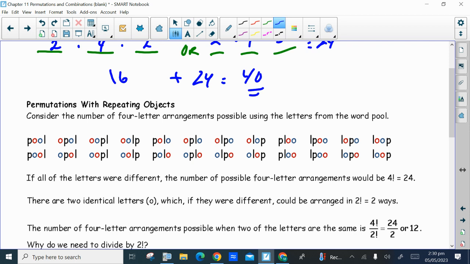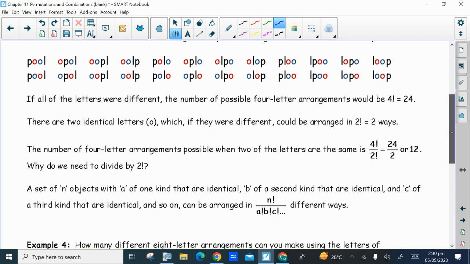Normally, it's not going to be color coded. So all the variations on the bottom are the same as the variations on the top. So the number of different arrangements would be half. We've got 4 letters there. If all the letters would be different, there'd be 4 factorial or 24 arrangements.